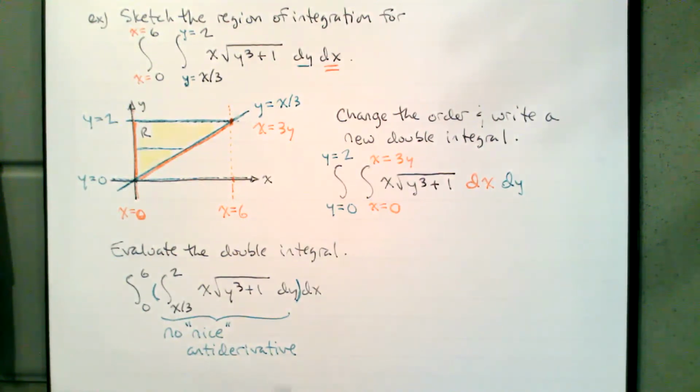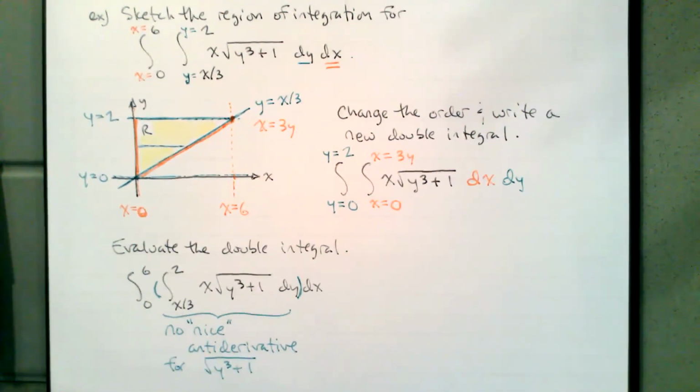If it was just y cubed plus 1, no problem. If it was just the square root of y cubed, no problem. Square root of y cubed, it's just y to the 3 halves. But then we've got that plus 1. What a bunch of trouble that plus 1 makes.